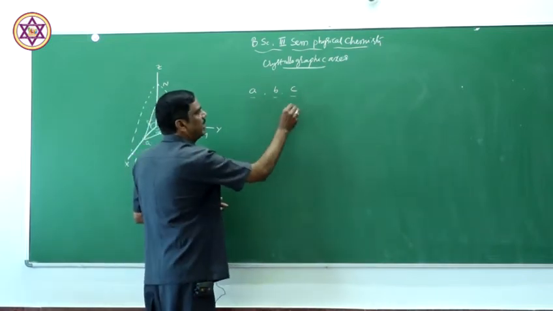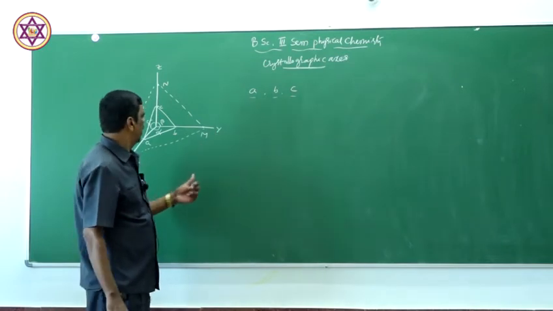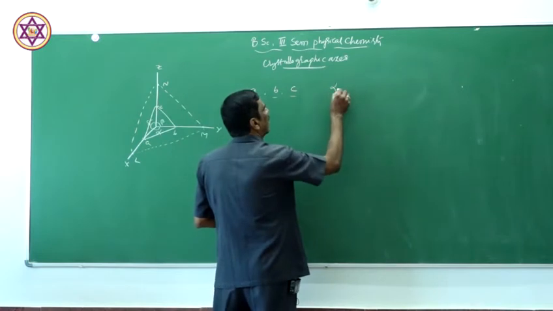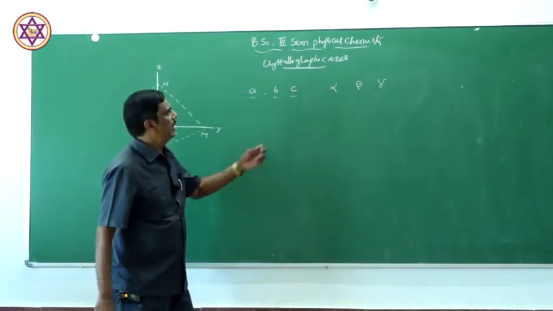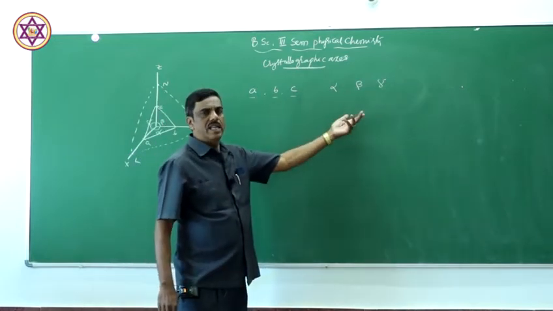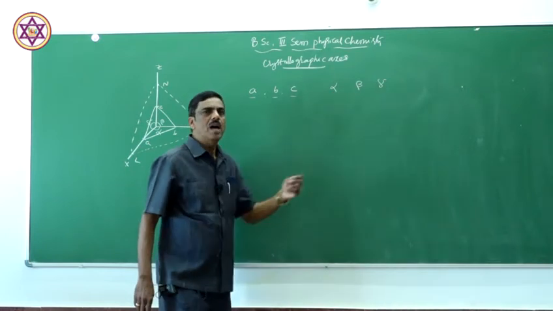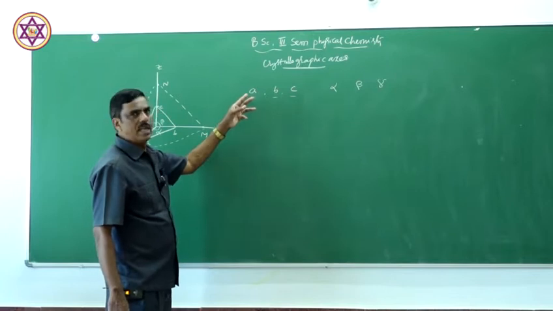So, A, B, C are the edge lengths of the unit cell in 3 different directions, and their crystal interfacial angles are alpha, beta and gamma. It may be 90 or less than 90 or more, any angle, in 3 dimensions. Alpha, beta and gamma are the axial angles, whereas A, B, C are the edge lengths.